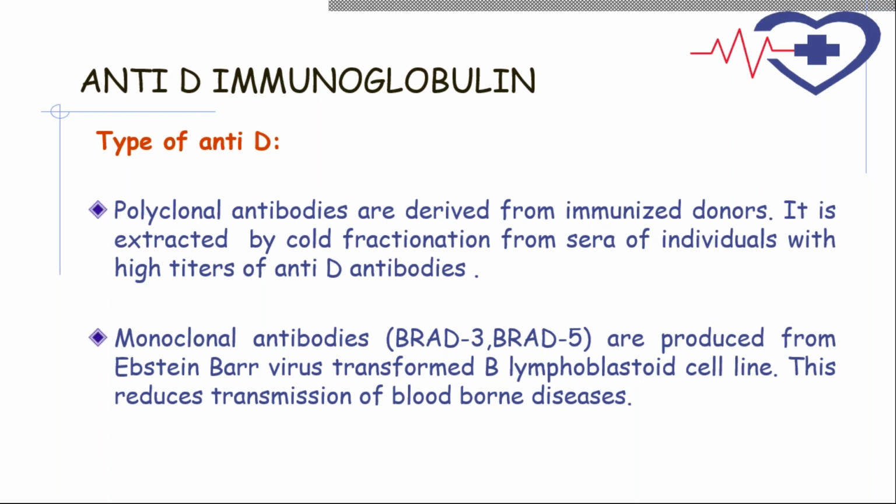Or these anti-D immune globulins which Dr. Soumya is talking about are those immune globulins which we administer to the woman once her ICT is negative to prevent further isoimmunization. They can be either polyclonal or monoclonal. The advantage of monoclonal is that there is very little risk of transmission of infections like HIV, hepatitis B, and hepatitis C, all bloodborne infections.